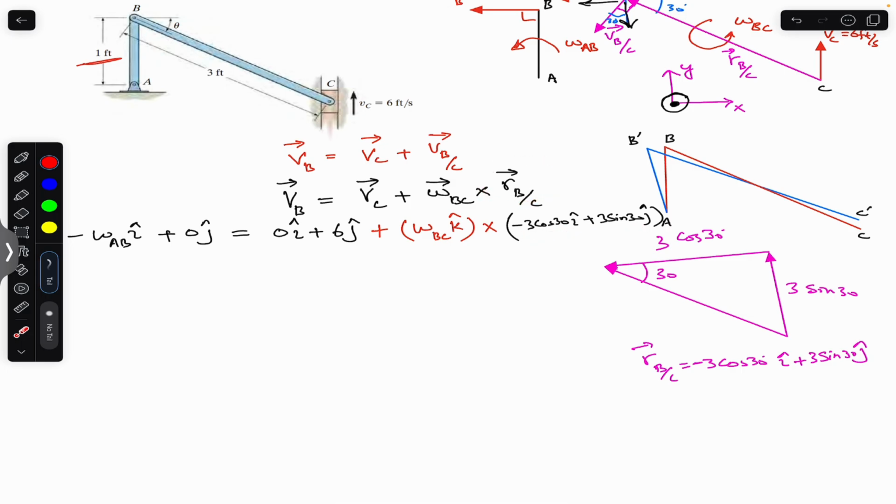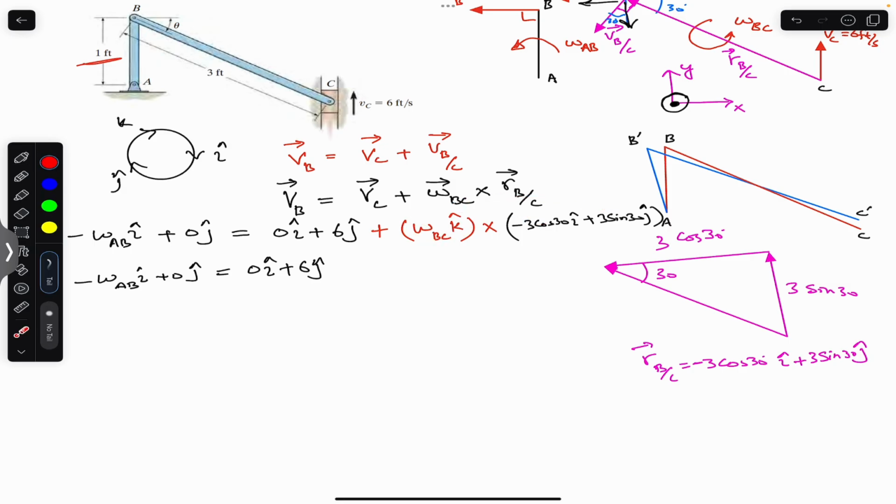Now we can write this equation as minus omega AB i plus 0j equals 0i plus 6j. And now we need to take the cross product of this with this and this. So omega BC into this will be minus 3 omega BC, and k into i is plus j.